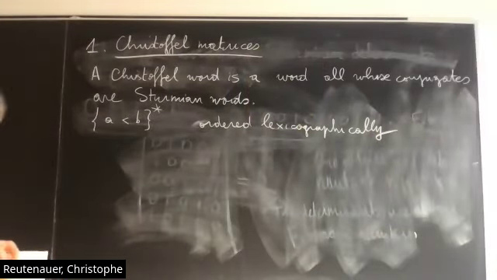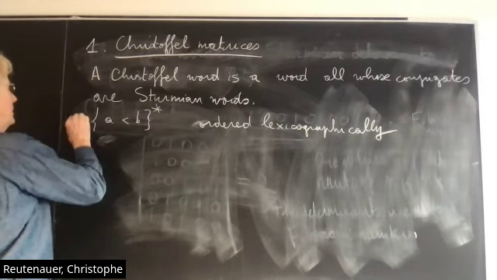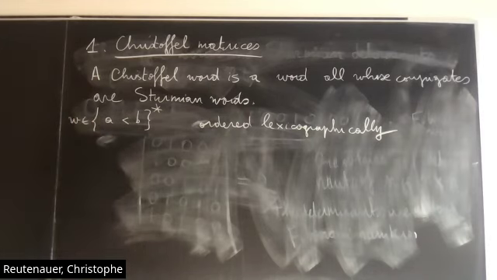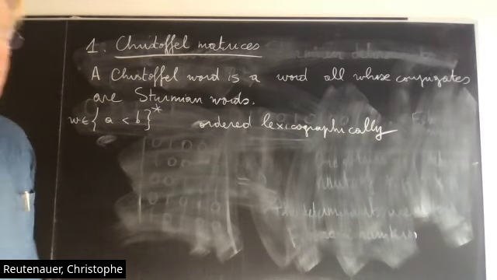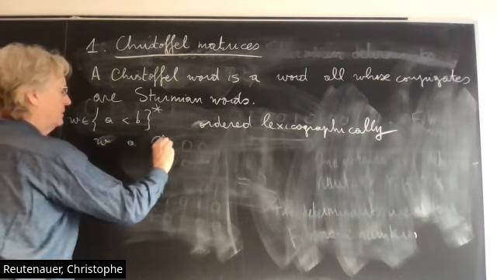Then we take W, a word in this monoid, which we suppose is a Christoffel word.